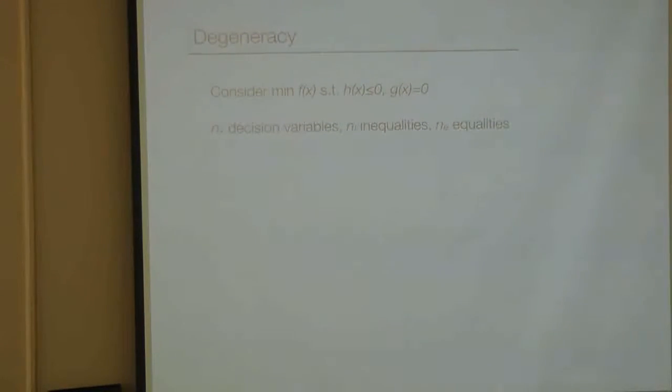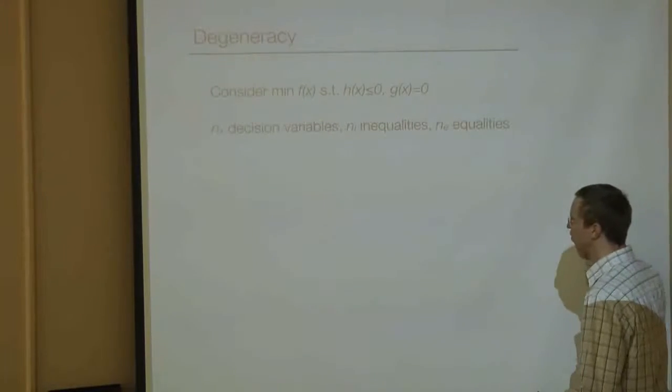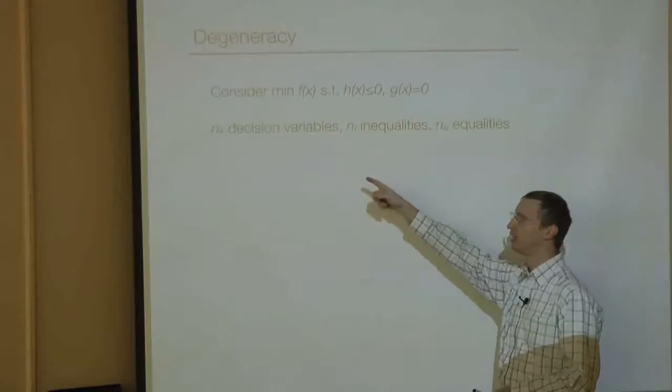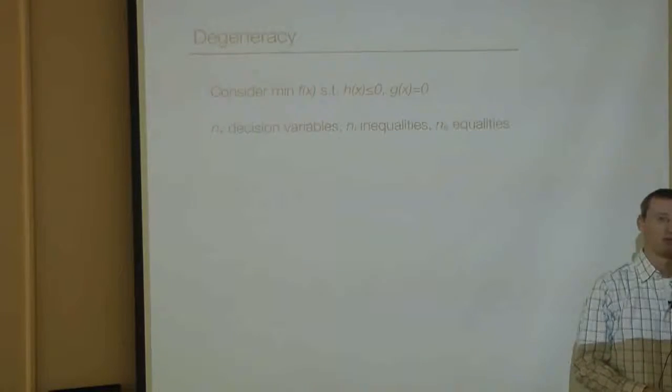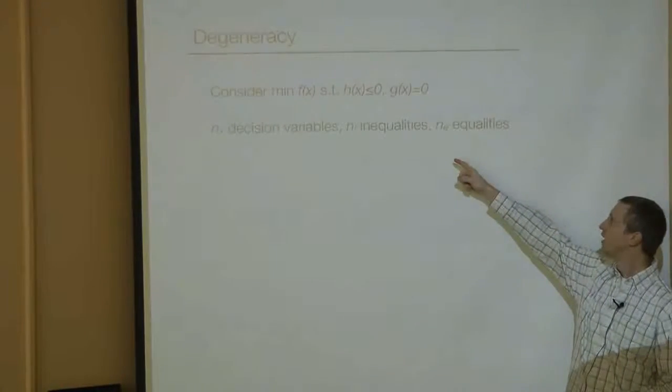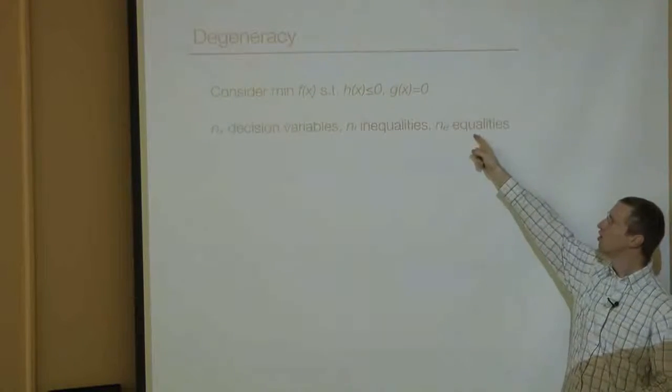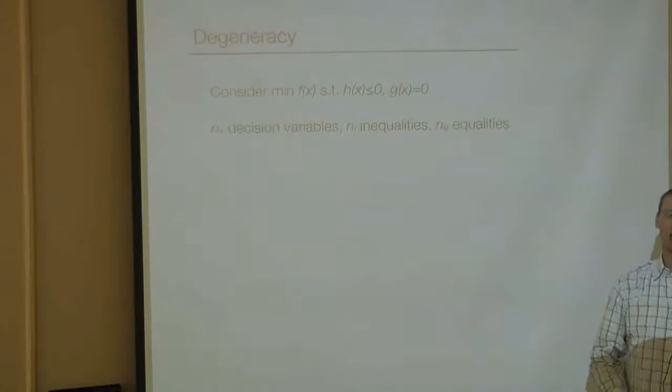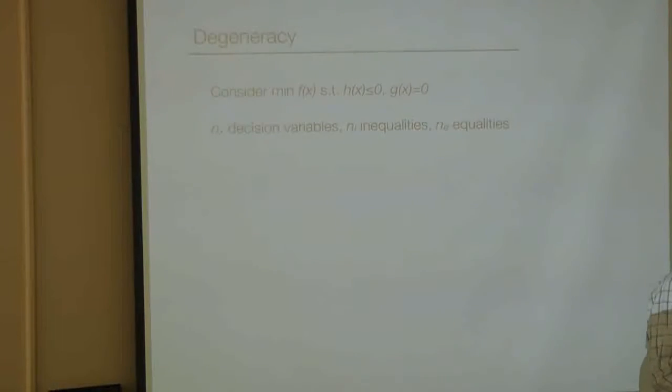And what I mean by that is that let us consider an optimization problem, and let us introduce some more notation. So let nx denote the number of optimization variables, and nI the number of inequalities, and we could also have some equalities aggregated in the g function there.